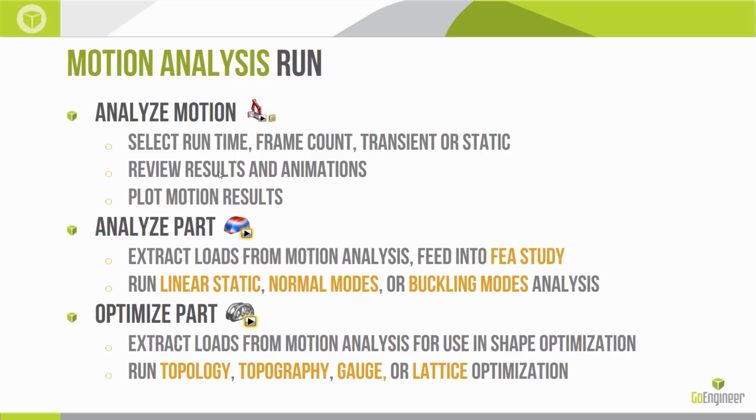We can do linear static studies, we can check for the normal modes, we can check for the buckling modes. This is usually done as a precursor to the shape optimization, just to make sure that we actually have room to optimize the shape. If the first study fails, if the part fails, or it has a factor of safety below 1, then we might not be able to optimize the shape any further. So that's typically what we would do next.